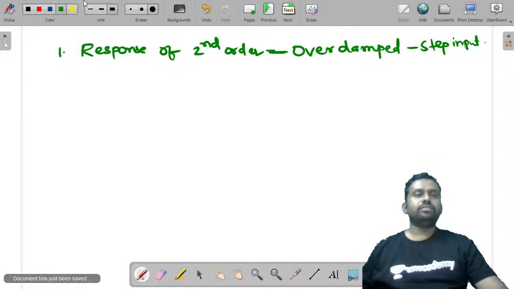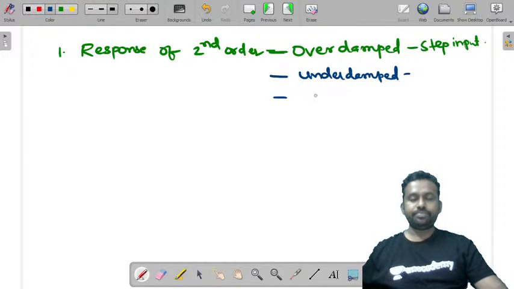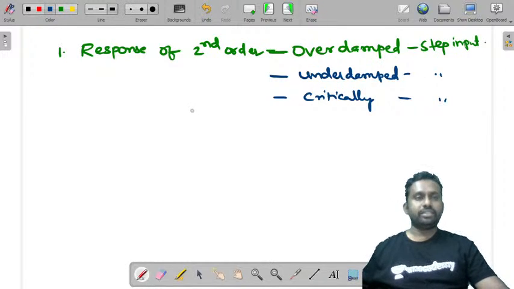You can consider any input, or an underdamped system, because this being a crash course we will not be able to derive all the things, or a critically damped system for the same inputs or a different input of your consideration.